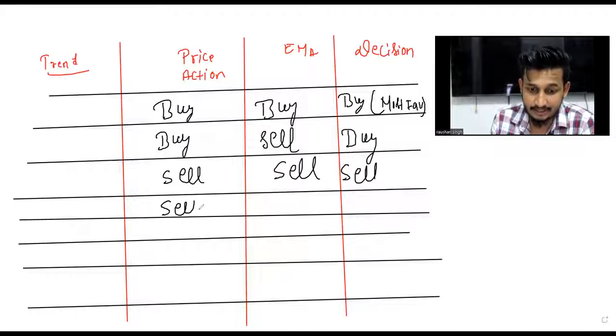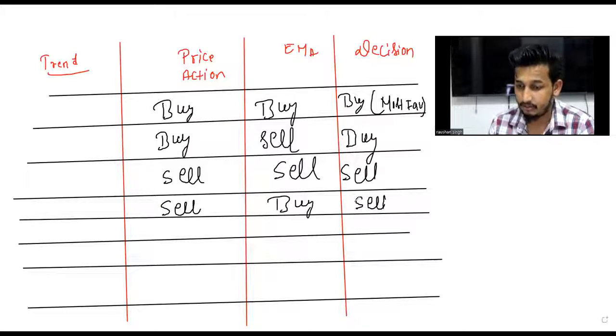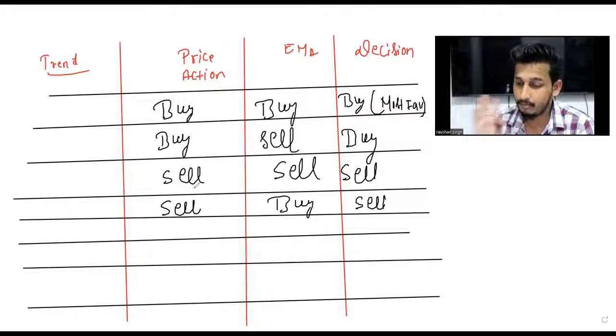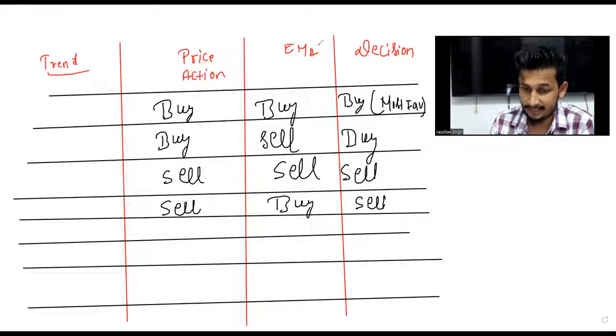If price action is on the selling side and EMA is on the buy side, we will still go for the selling side. If the price action, our normal support and resistance, is showing me the entry for the sell side, it does not matter whether EMA is on the buy or sell side. What matters is the price action entry. Okay, so this is for the uptrend.